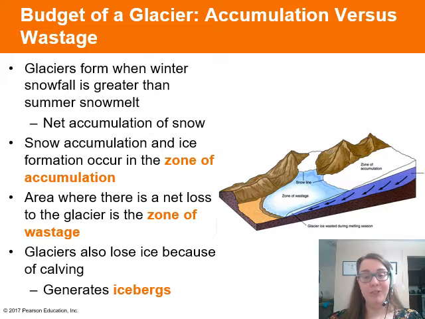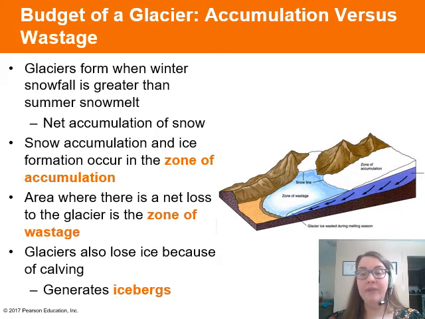So with our budgets for our glaciers, we want to look at it over longer periods of time than just a single year. We want to figure out whether we have more snow that's accumulating or if we have more ice that is melting or wasting away over periods of time.